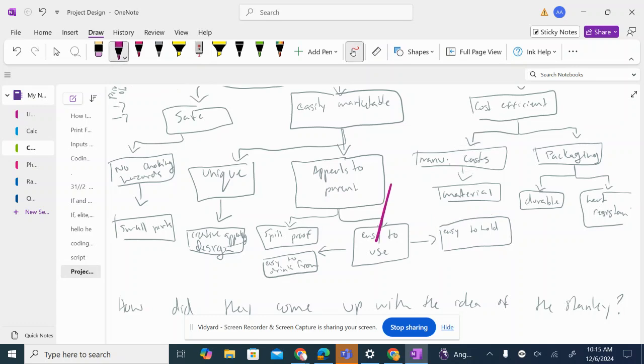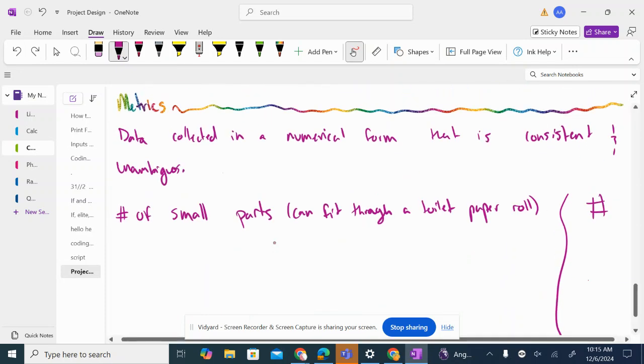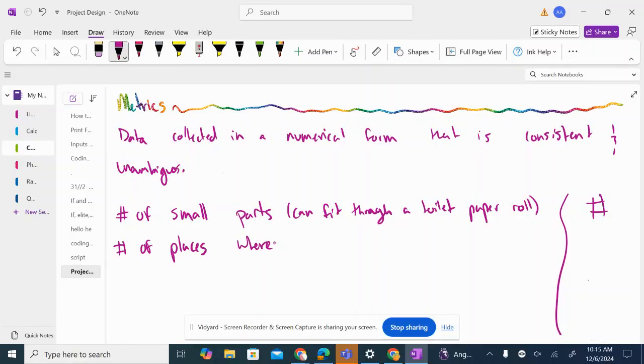For this one, we can put the classification as the number of places where you can put your fingers. Again, we'll get a number.